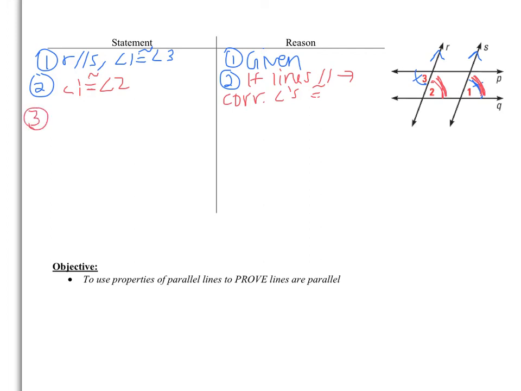Okay, 3. I have angle 1 is congruent to 3, but angle 1 is also congruent to angle 2. Therefore, angle 2 has to be congruent to angle 3. This is that weird property. This is the transitive property.